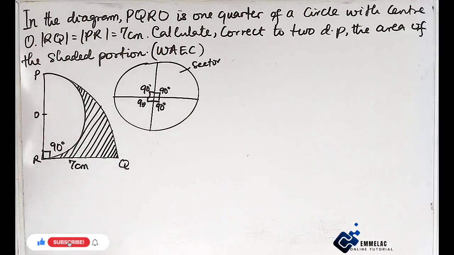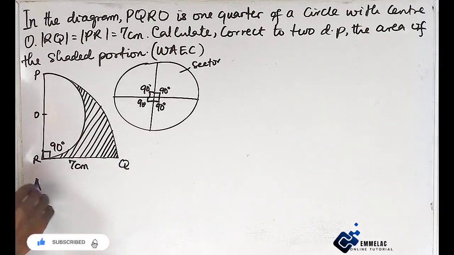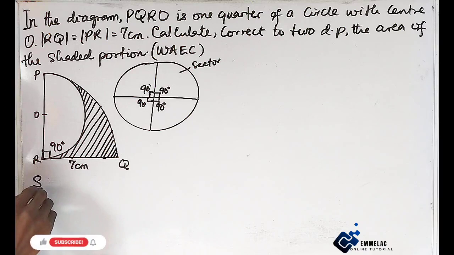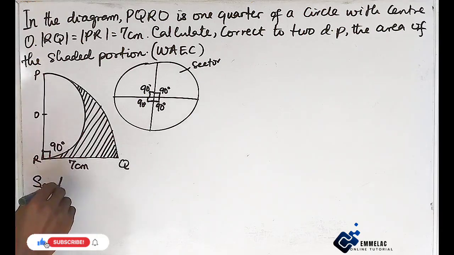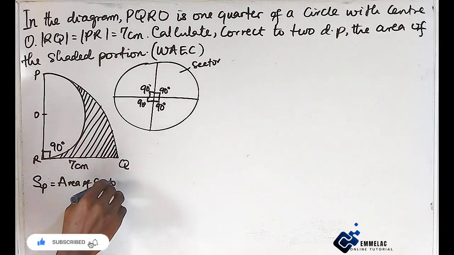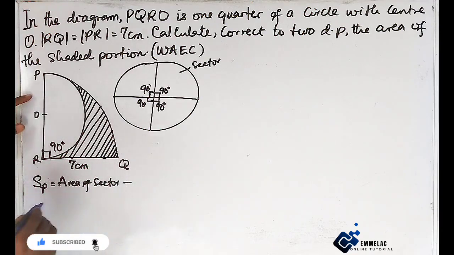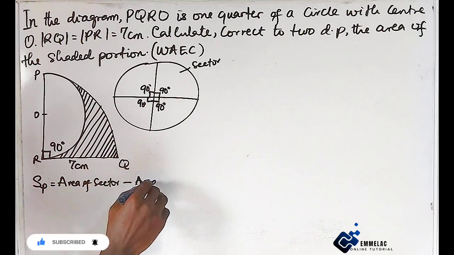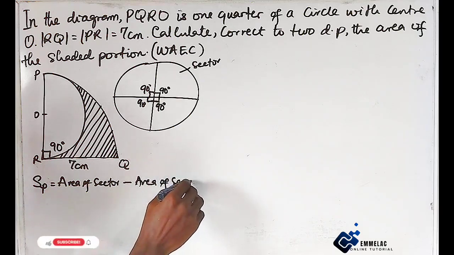So the area of the shaded portion equals the area of a sector minus area of a semicircle.